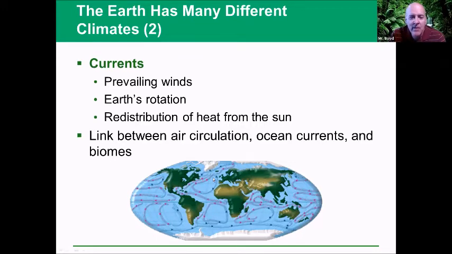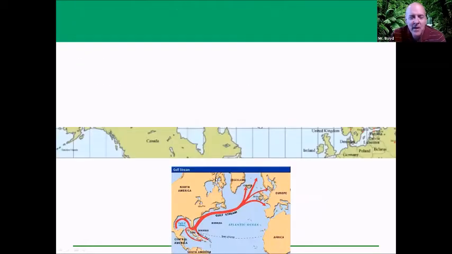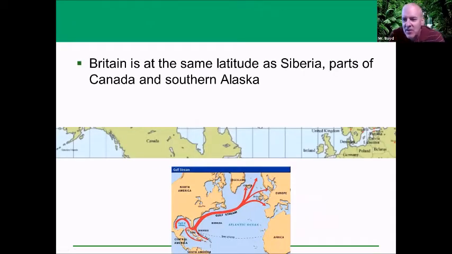And we're going to talk in a minute about Britain. Let's see, is it right here? Yeah. Britain is at the same latitude as Siberia, parts of Canada, and southern Alaska. Great Britain. We know about the climate of Great Britain just because so much literature is written there and we hear about it. It's colder than we are usually, but it's not that cold.